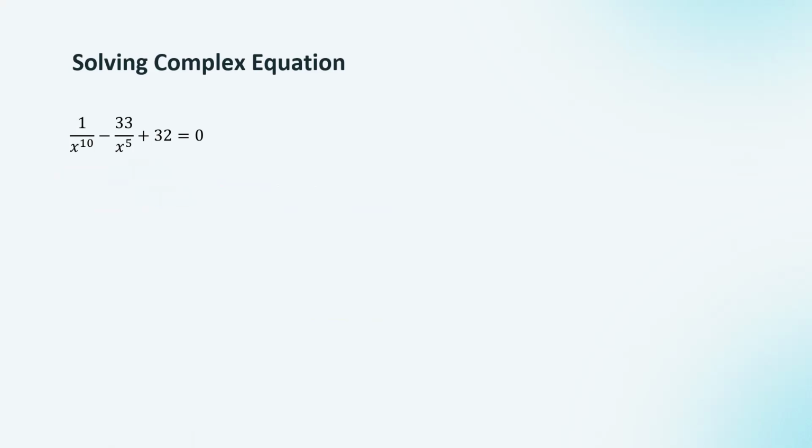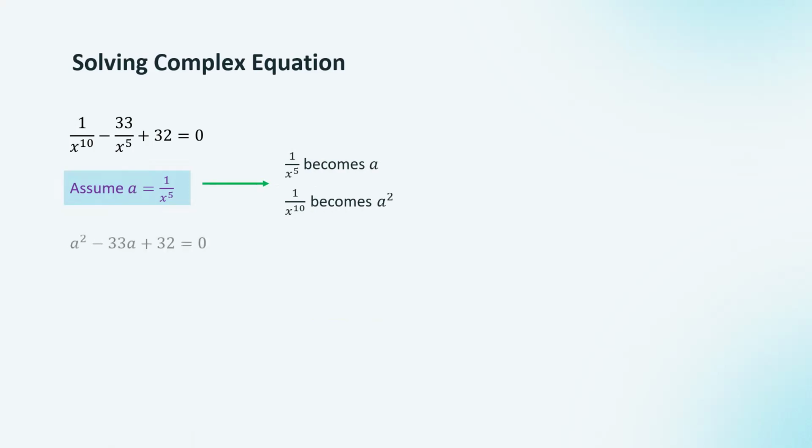Now in this example, this looks very similar to the one before, so we shall try to do the same. So a should be equal to 1 over x to the power of 5. So that means 1 over x to the power of 5 becomes a, and then 1 over x to the power of 10 becomes a squared. Again, we can try to substitute this. We get a quadratic equation.